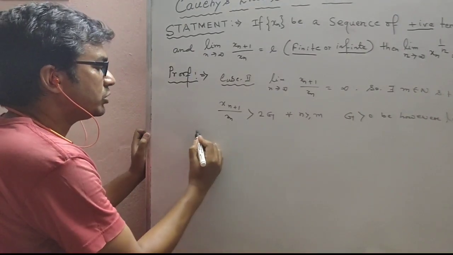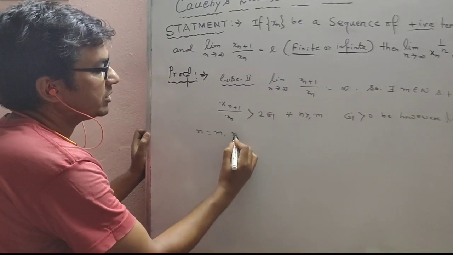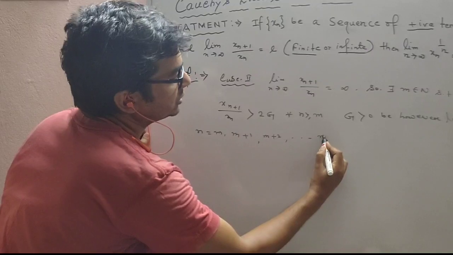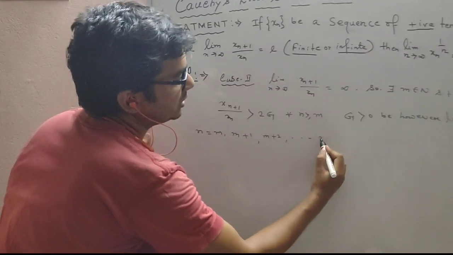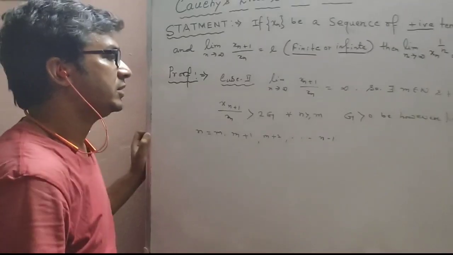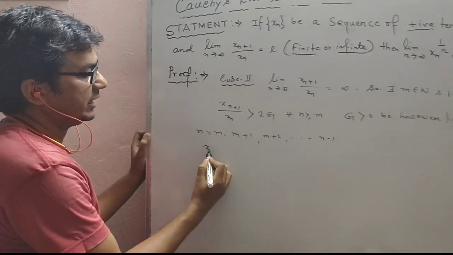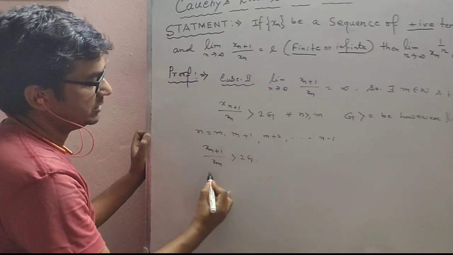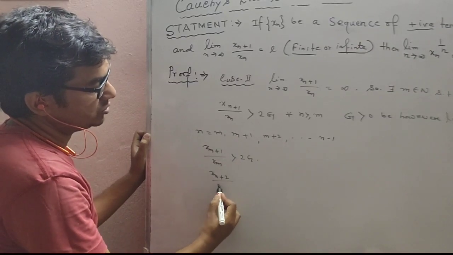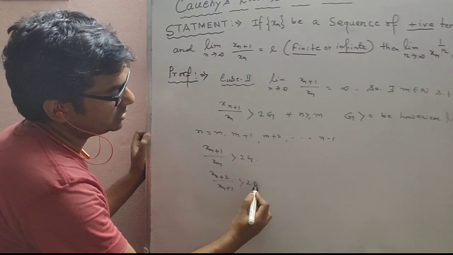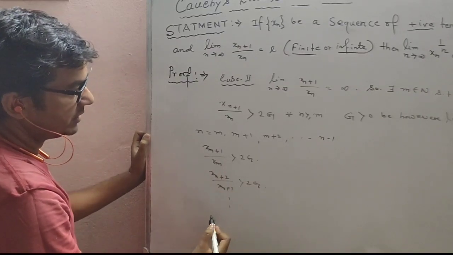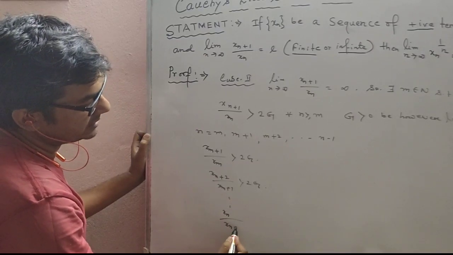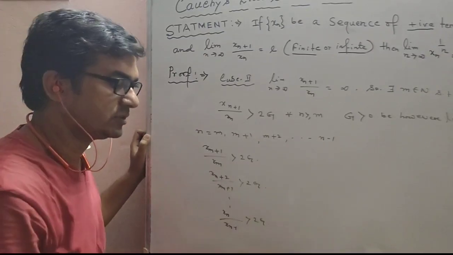Here also we put n equal to m plus 1, m plus 2, up to n minus 1. Then we get xn plus 1 by xn greater than 2g, xn plus 2 by xn plus 1 greater than 2g, and at last xn by xn minus 1 greater than 2g.